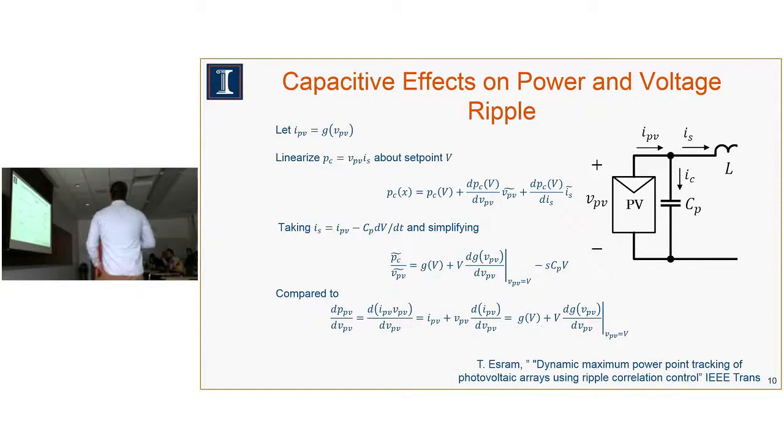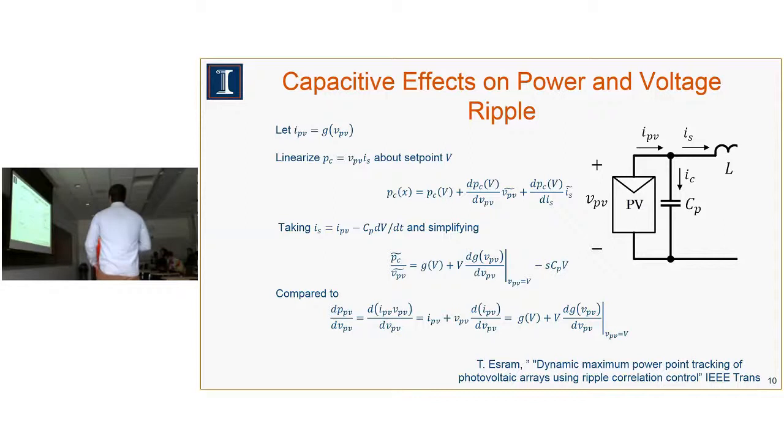So if we want to look at the effects of the power and voltage ripple from the capacitor, then we can, using the simple power equation from the previous slide, linearize it with respect to the voltage and the current seen by the converter. This is just a first order model.